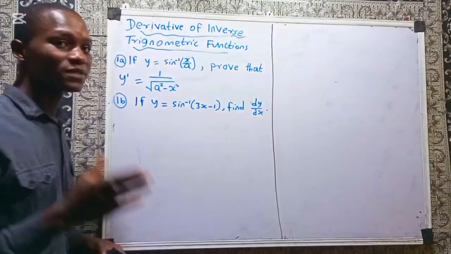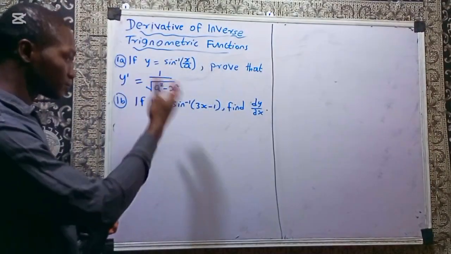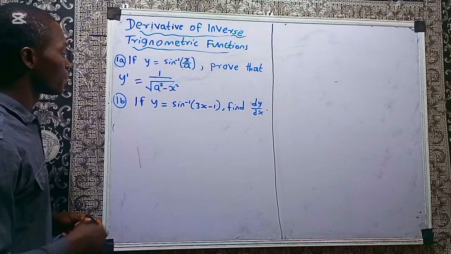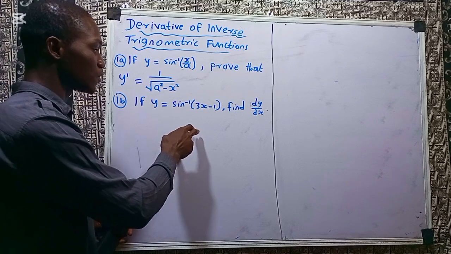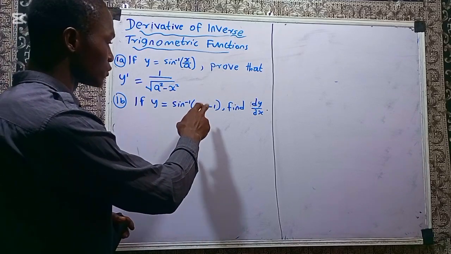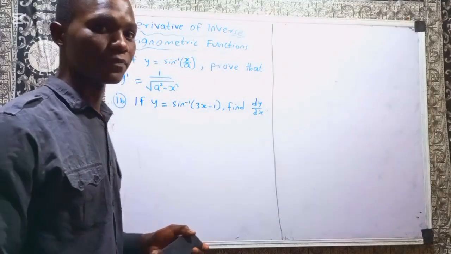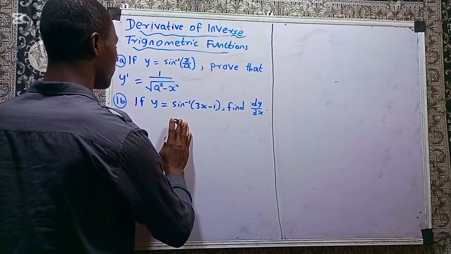Now y prime is same thing as the derivative of y with respect to x, because the independent variable here is x. For the second one, they say that if y is equal to sine inverse of 3x minus 1, we should find dy/dx, which means find y prime, right? So for the first one, let's prove the first one.